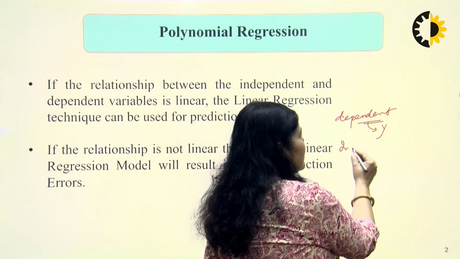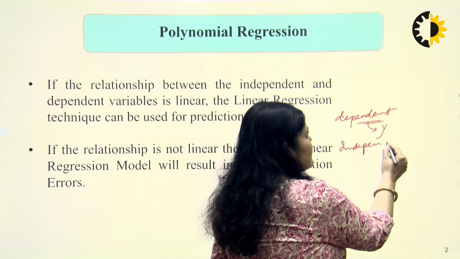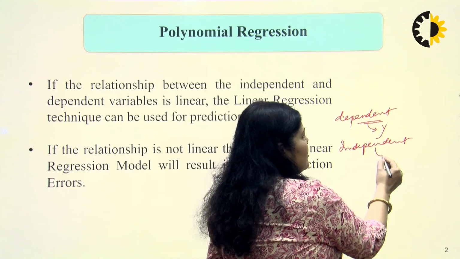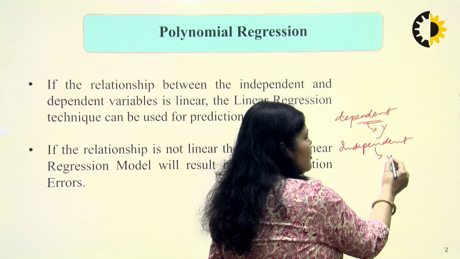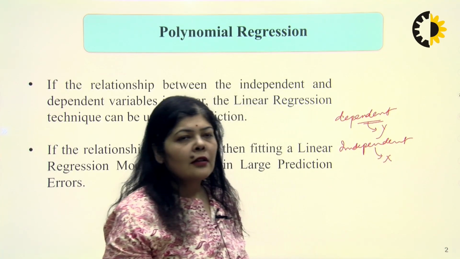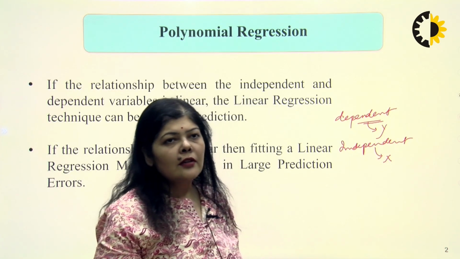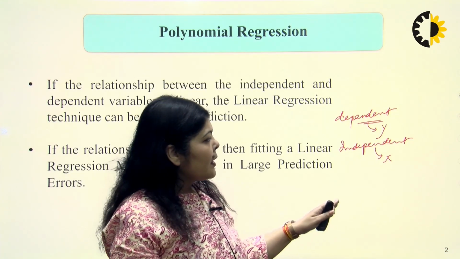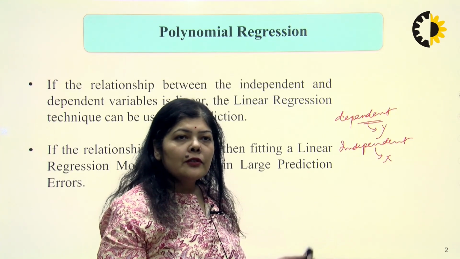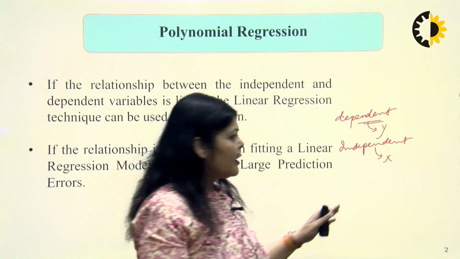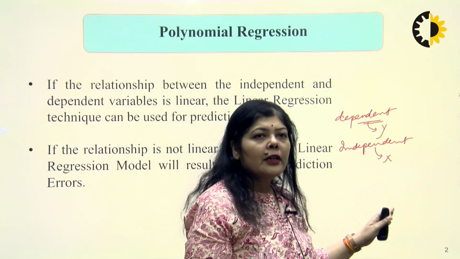Then we have the independent variable, which we mostly denote with x. When we are given a data set, the columns or the features or the attributes are normally denoted by the variable x.